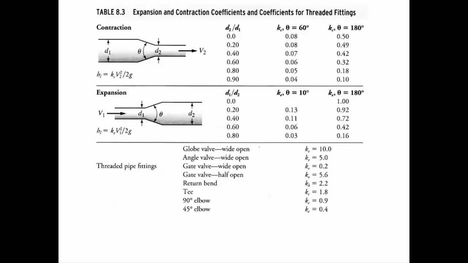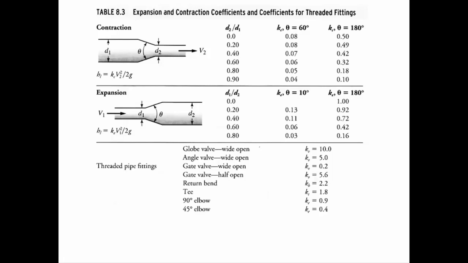If the ratio of D2 to D1 is 0.2, then the diameter here is just 20% of what it was upstream. So if we're looking at here, then we'll have a K value of 0.08 for a 60-degree angle, and you can see that's a pretty smooth transition compared to 0.49 if it's just the 180-degree abrupt transition.